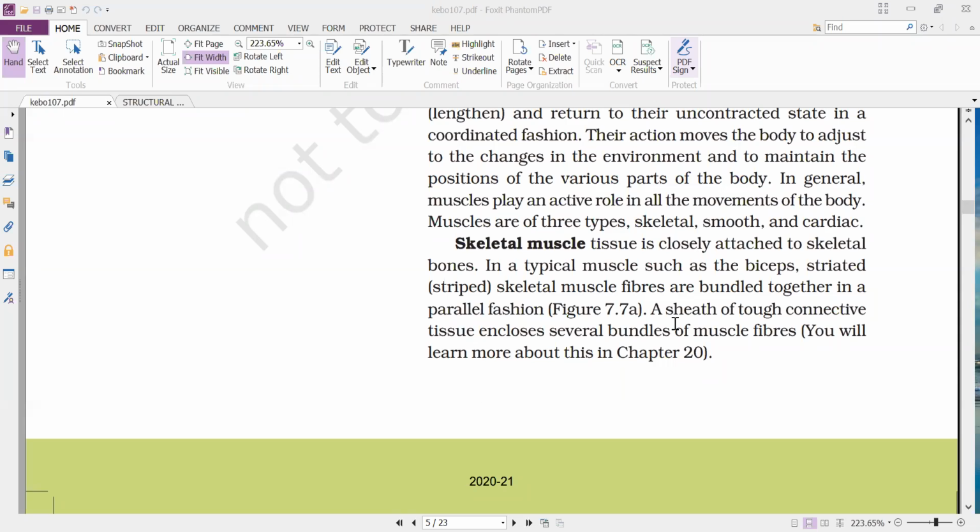Because of these striations formed by actin and myosin filaments, we call this the striated or striped muscle.